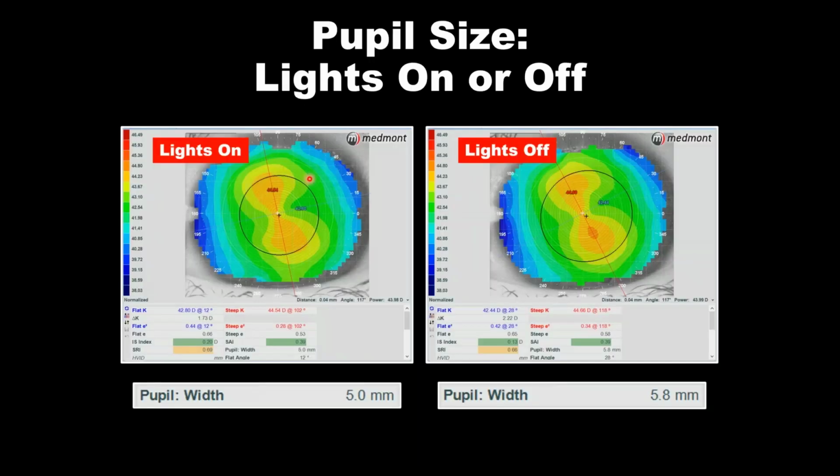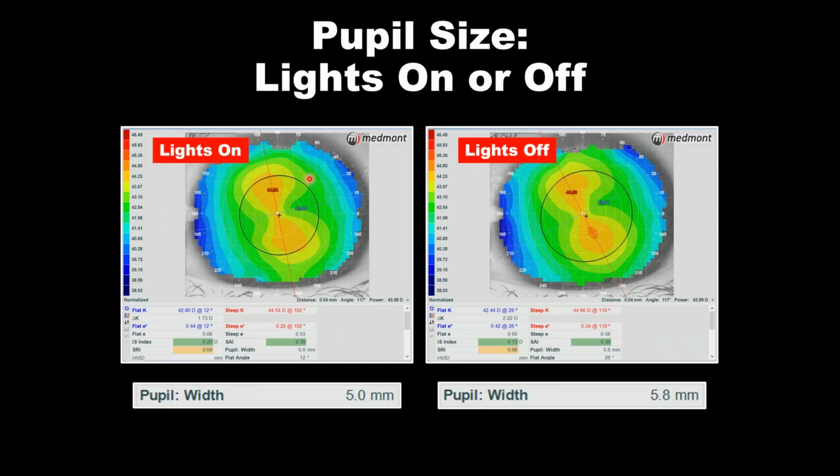Now, while we're on the topic of pupil and understanding the action within the pupil, one of the things you might consider is doing topography on your presbyopes with lights on and lights off, just to have some appreciation of scotopic versus photopic pupil. That will give you some idea if you have to worry about the distribution of the powers within the lens that you're using.